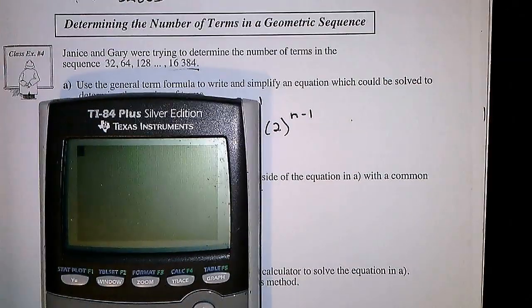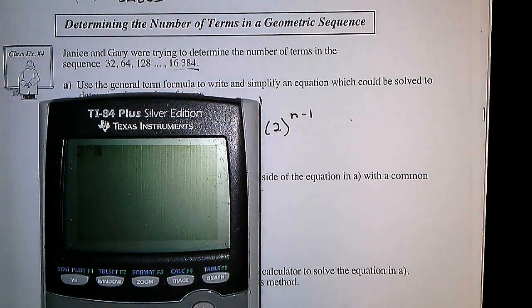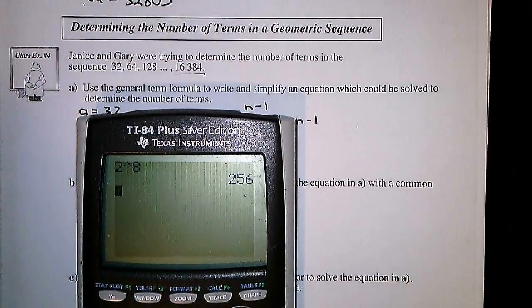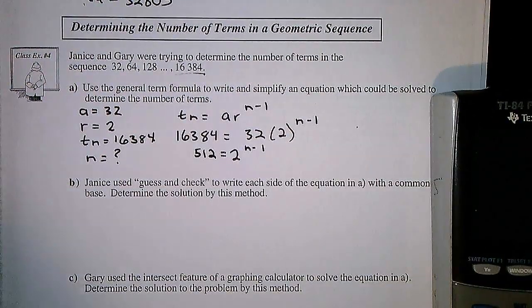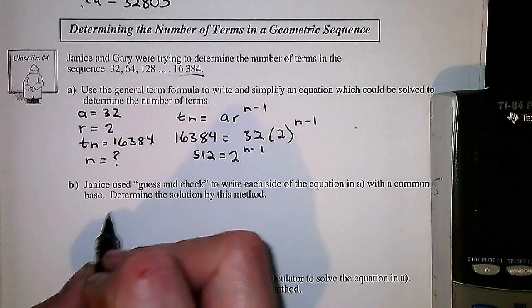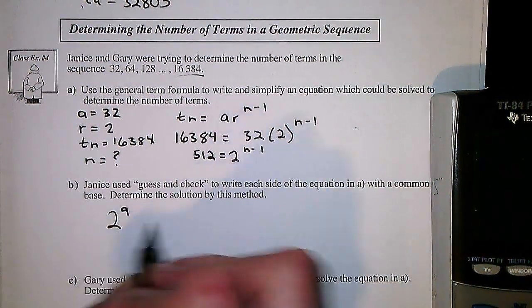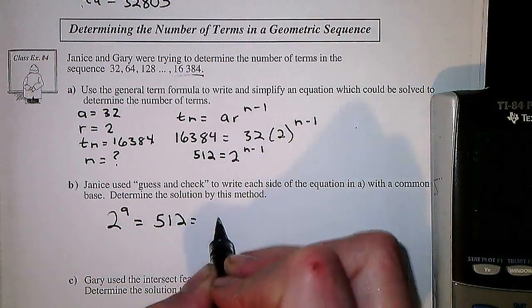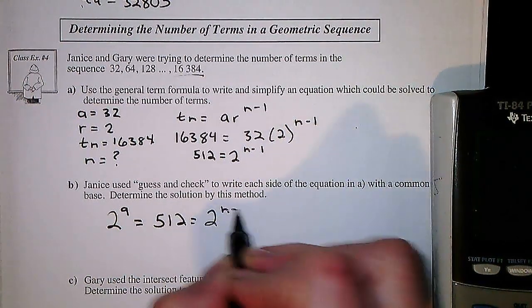So if we put in, for example, 2 to the exponent 8, we get 256. So 8 is not a big enough number for n minus 1. But if we have 2 to the 9, we end up with 512, which is what we're trying to get. So 2 to the 9 is equal to 512, which is equal to 2 to the n minus 1.